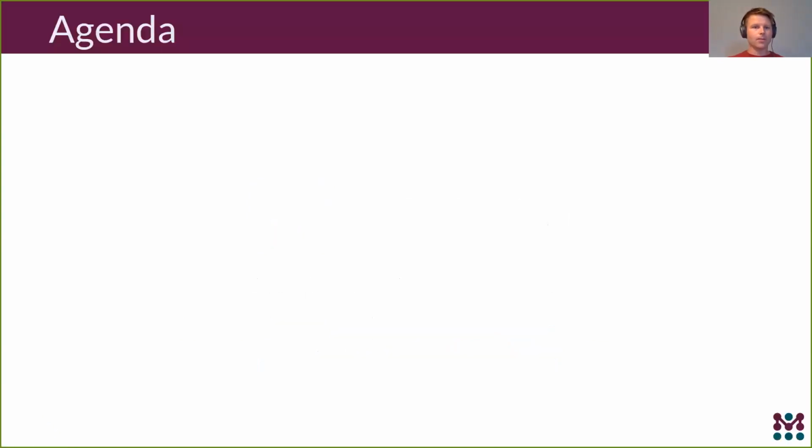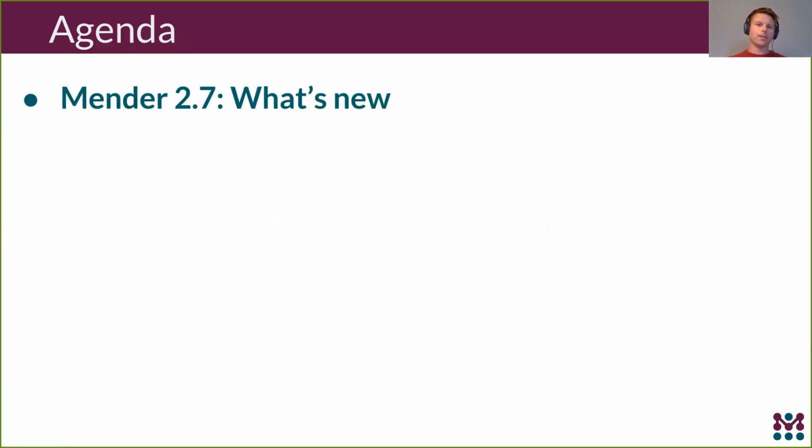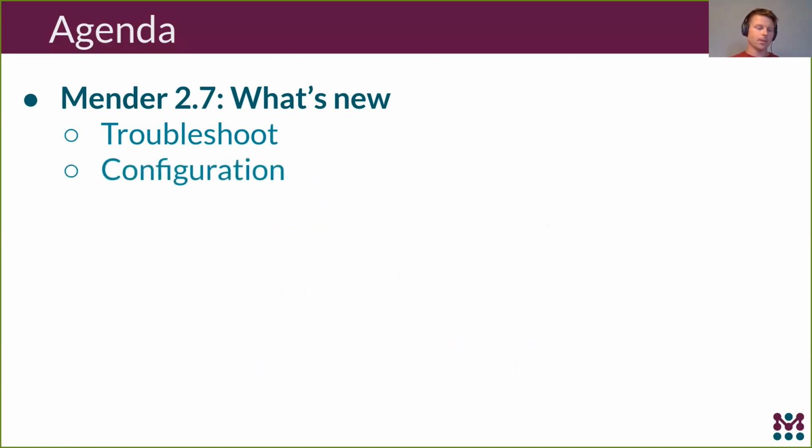I will start with the agenda here, and we'll cover Mender 2.7 first. So what's new in Mender 2.7, which was released in April? There are two main add-on packages that we added. The first one is Troubleshoot, and the second one is Configuration. I'll go through what they are, what the purpose is, and also show you a demo of each of them.